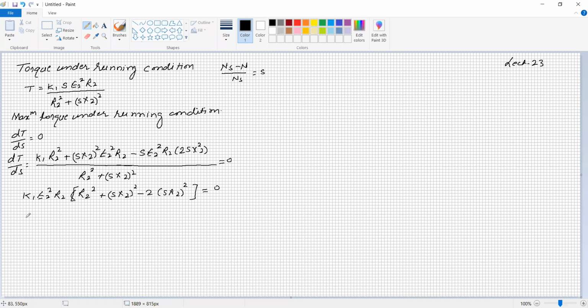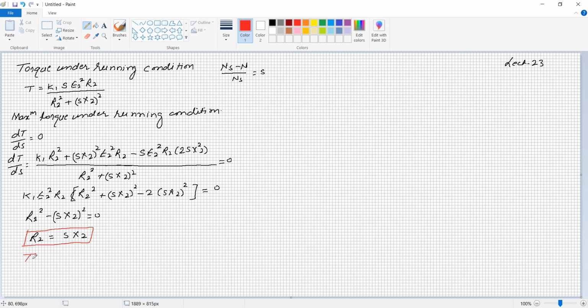So R2 square minus (Sx2) square is equal to 0, or R2 is equal to Sx2. This is our final relation: when the standstill reactance multiplied by slip becomes equal to the rotor resistance, the torque becomes maximum.